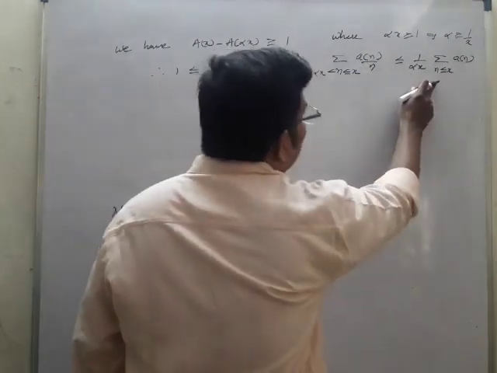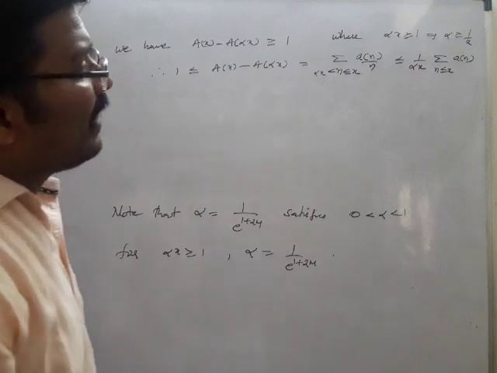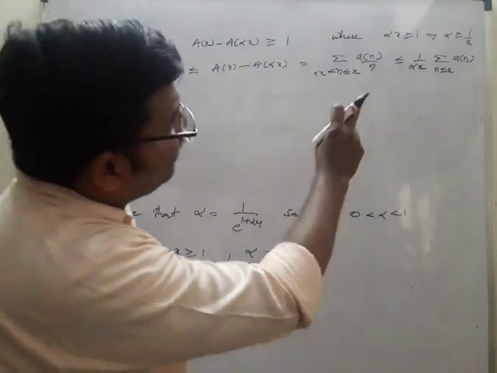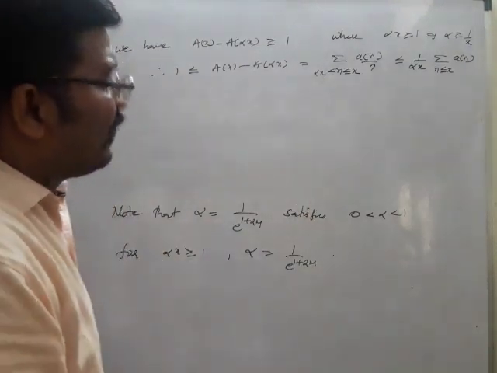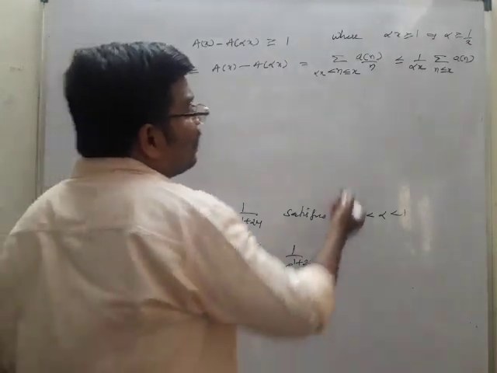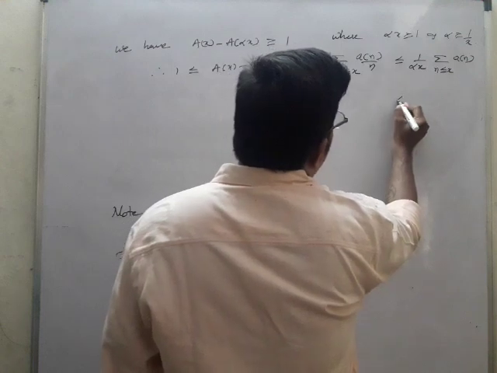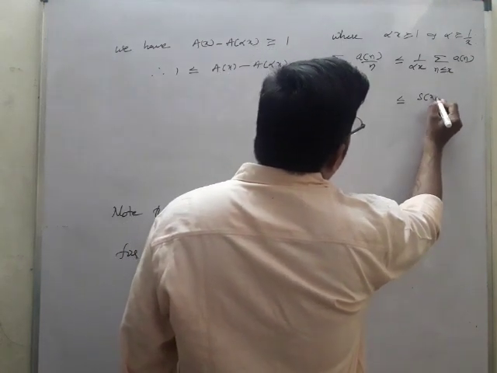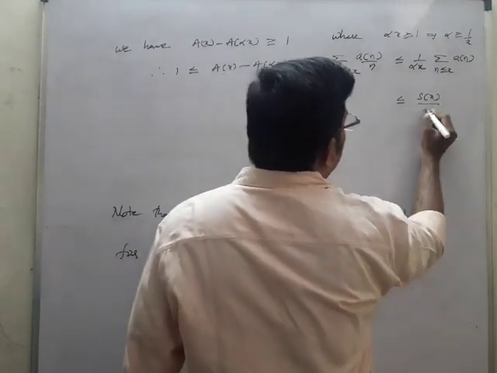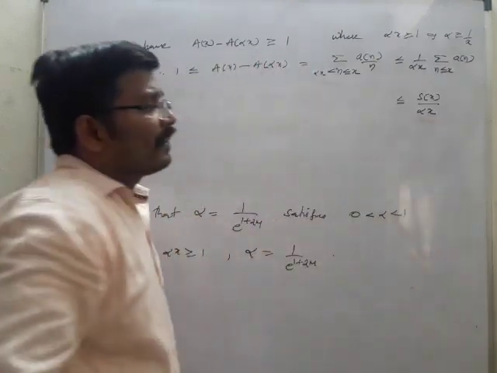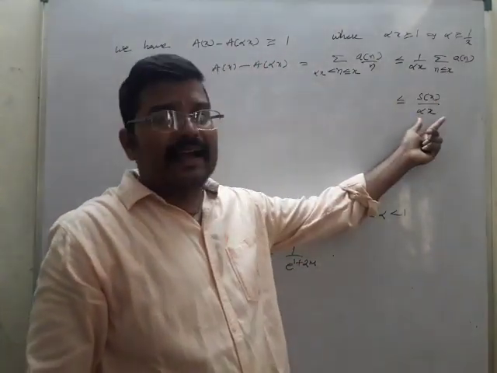So this one is less than this, 1 by alpha x times the summation of a of n, which I may write as s of x by alpha x.